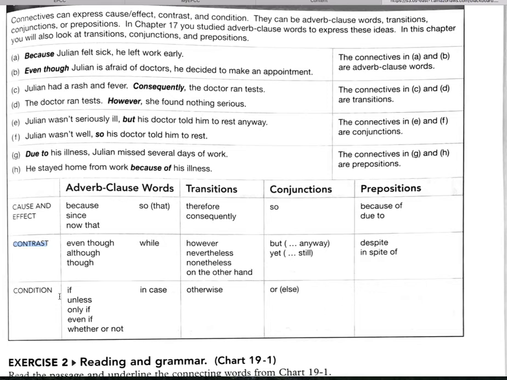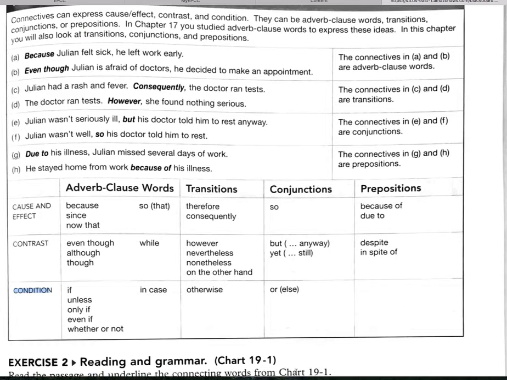Now, if we look at conditions, adverb clause words that introduce adverb clauses with conditions: if, unless, only if, even if, whether or not, in case. Transition words that introduce conditions: otherwise. Conjunctions that introduce conditions: or else. There are no preposition words that introduce conditions.